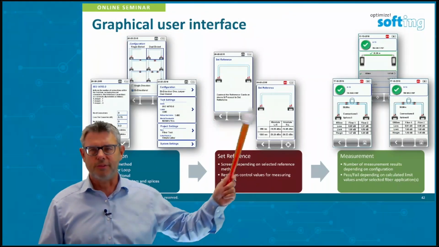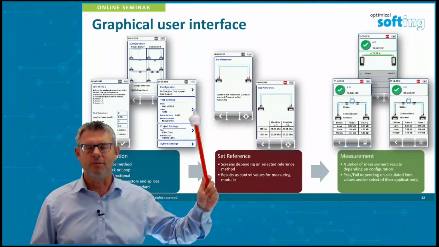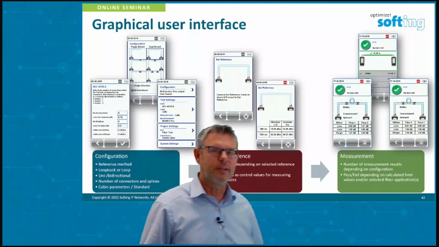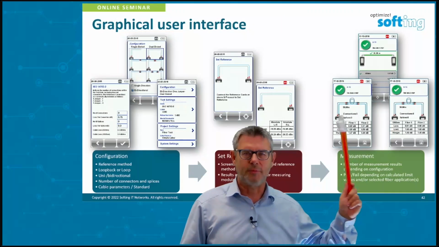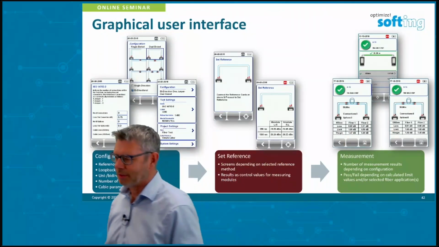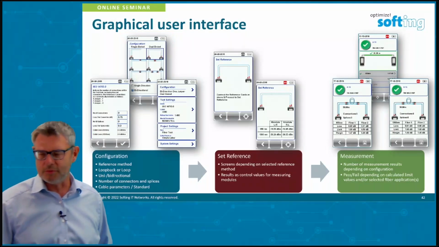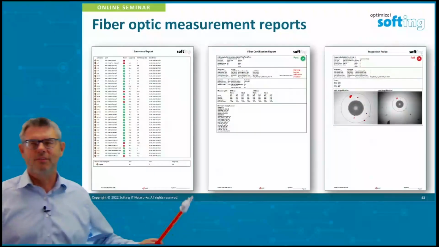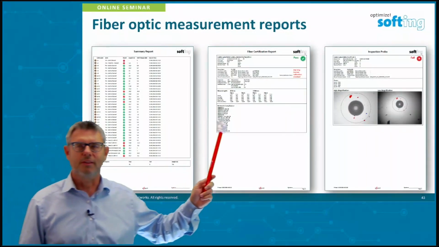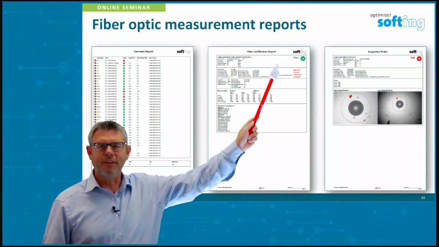Then you do the set reference. Depending on what method you are using, you get different screens offered. And finally, you press the measurement button and you get very detailed measurement details out of the instrument for your fiber optic cable. And finally, where I want to end up with this one here, very nice reports, which are defining what I have measured. And I'm going for this little green tick over there.